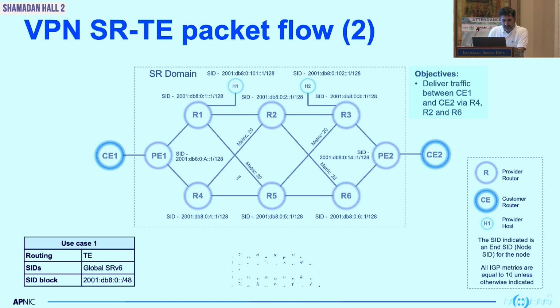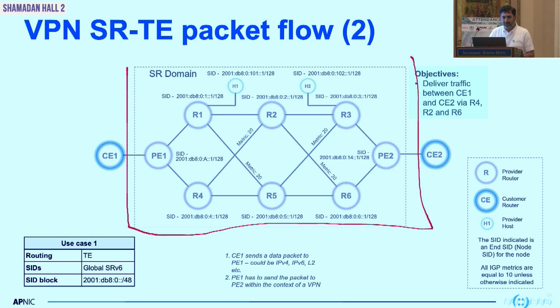C1 can send an IPv4 packet, an IPv6 packet, or a layer 2 packet as well. It does not have to be an IPv6 packet, because this is an SRv6 domain, so it can carry any traffic, either IPv4, L2, L3, whatever it will be.